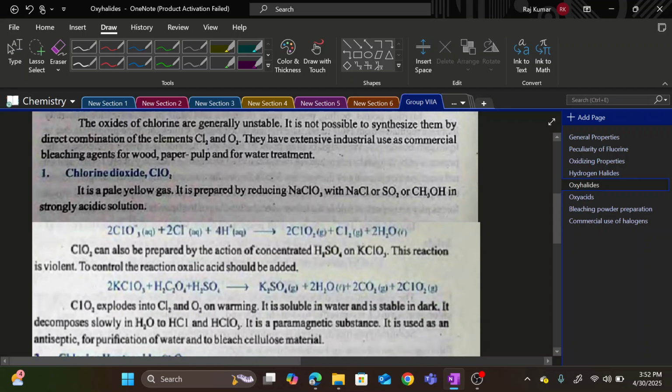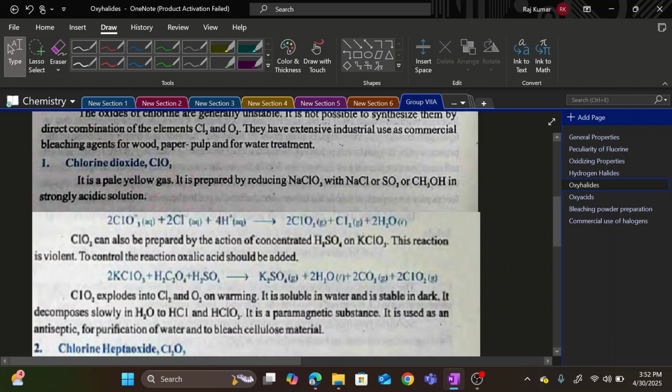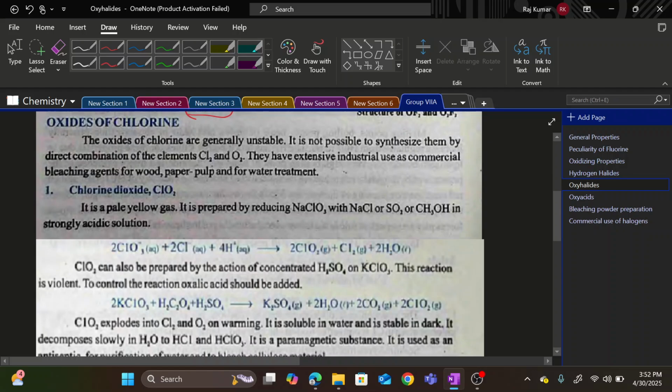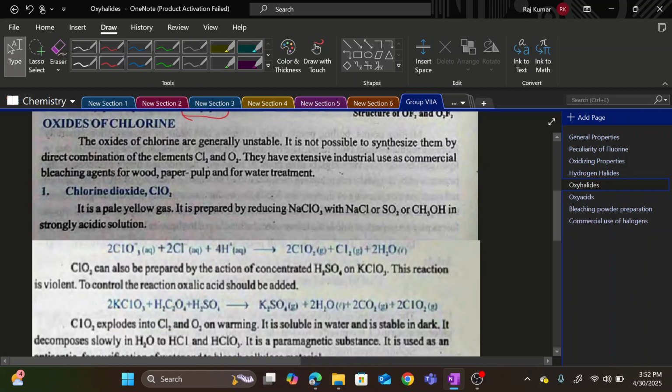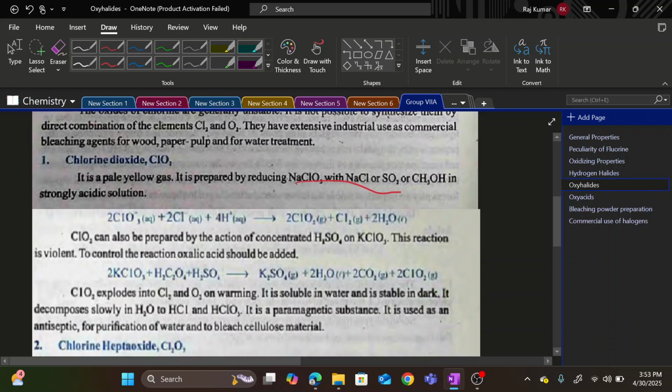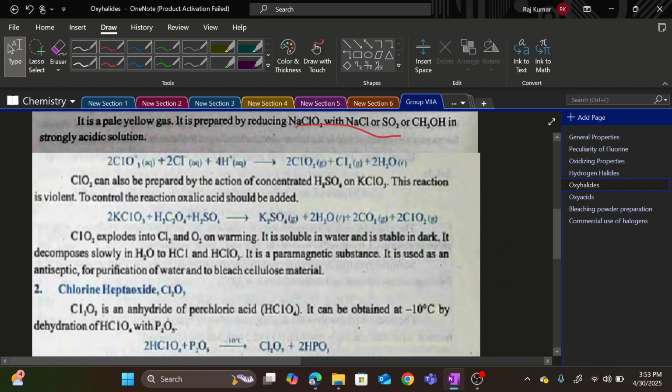When it comes to chlorine, it has extensive use in bleaching agents as well. The famous bleaching powder, calcium hypochlorite, is basically having chlorine dioxide in it. It is a pale yellowish gas. It can be prepared by reducing sodium chlorate with sodium chloride or sulfur dioxide in a strongly acidic solution.